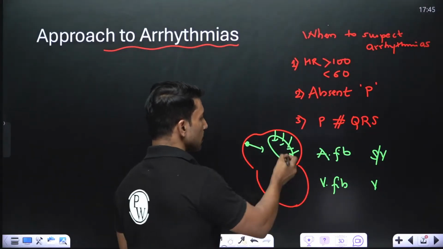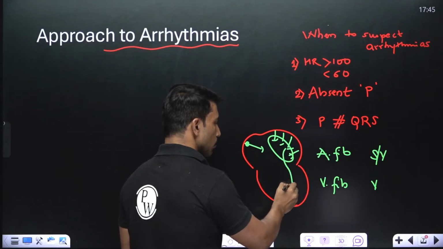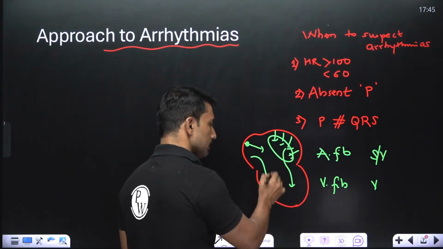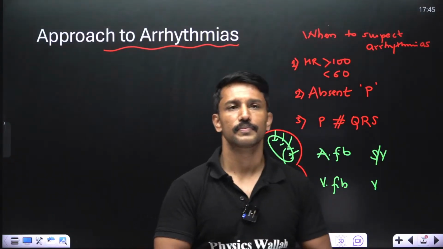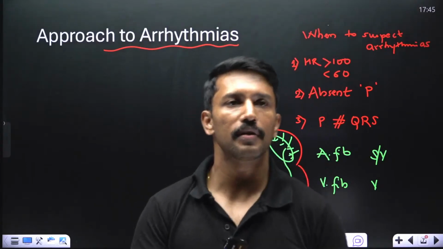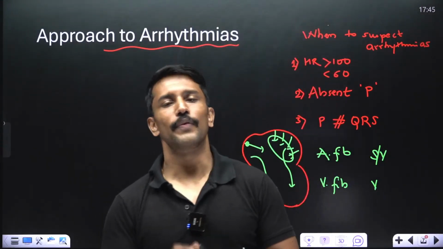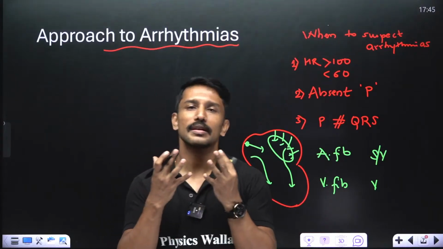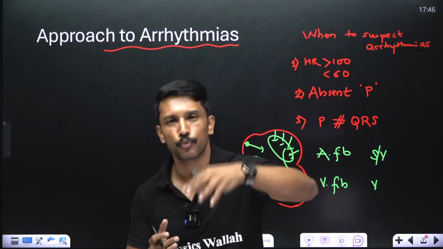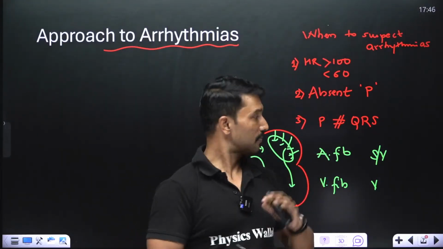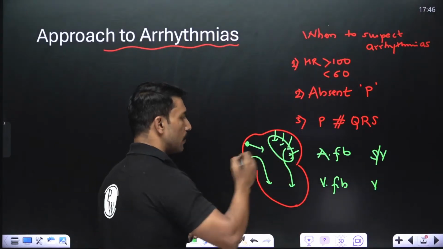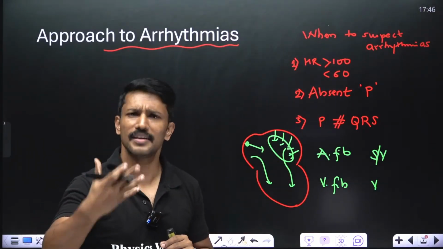So if it is not contracting, will I be able to push the blood from atria to ventricle? Yes or no? Well, we don't depend too much on the atria pushing the blood to the ventricle. Why? When I transfer blood from atria to ventricle, I transfer it during diastole.